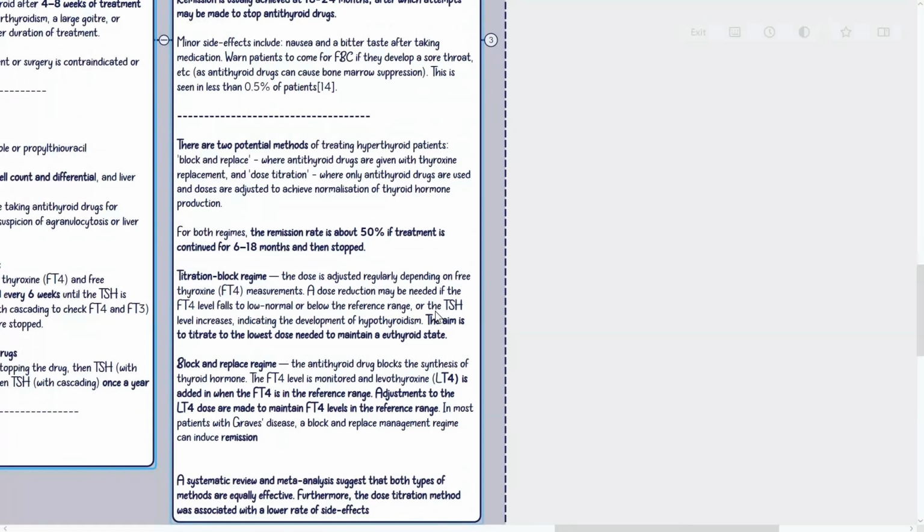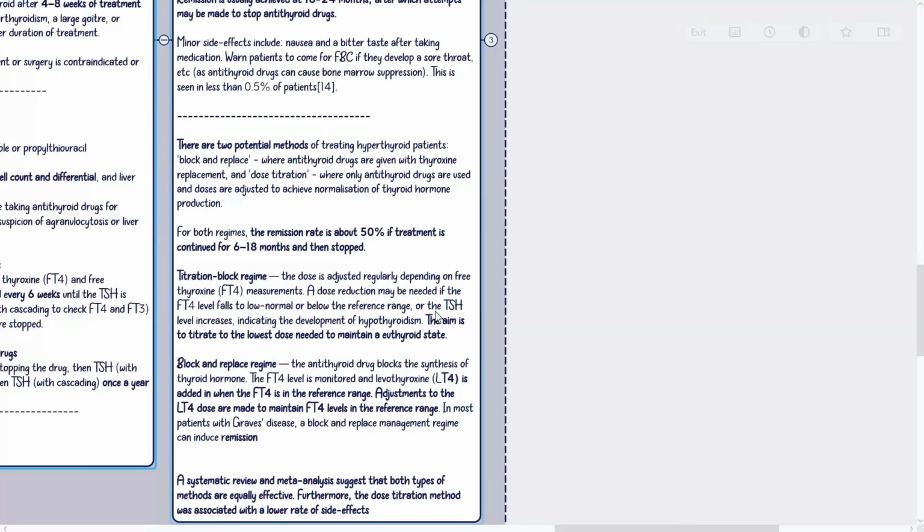Minor side effects include nausea and a bitter taste after taking medication. Warn patients to come for FBC if they develop a sore throat, etc., as antithyroid drugs can cause bone marrow suppression. This is seen in less than 0.5% of patients.